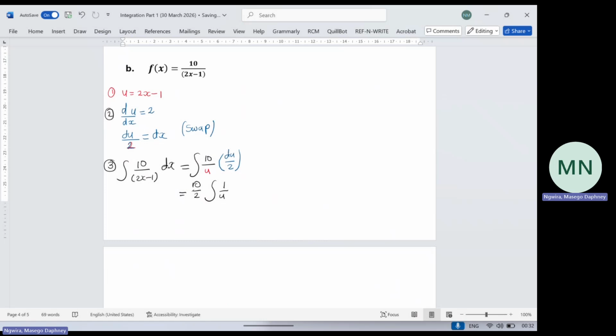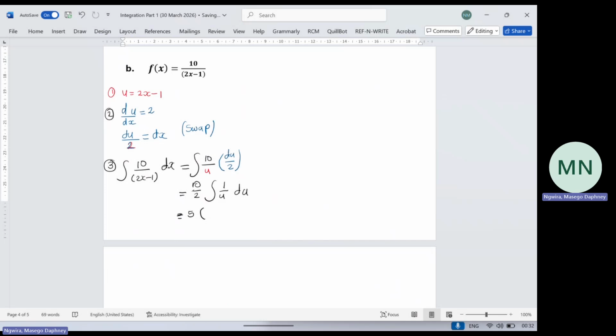It's up to you how you want to do it, okay? The aim is to have only u alone. So I move this 2 because it's already at the bottom, I put it this side, then I move the 10, so it's a fraction. Okay, so 10 divided by 2 is 5, so I'm going to have 5. And then now I have a bracket because I have to solve the 1 over u.